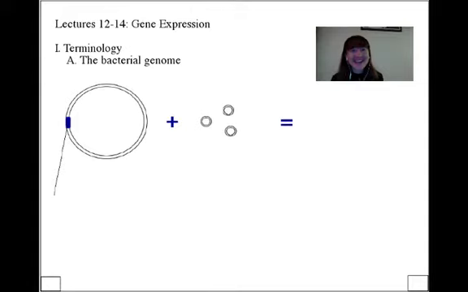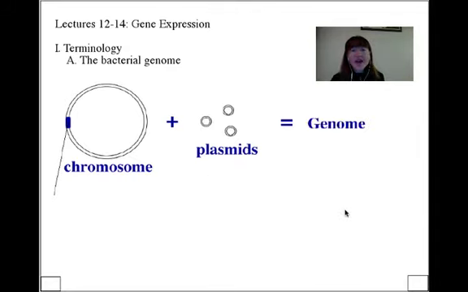Let's begin by looking at the bacterial genome and noting that the genome of a bacterial cell is technically defined as the chromosome and the plasmid. People get really lazy about this, and oftentimes you'll see that they refer interchangeably to the chromosome and the genome, referring to the chromosome as the genome of a bacterial cell.